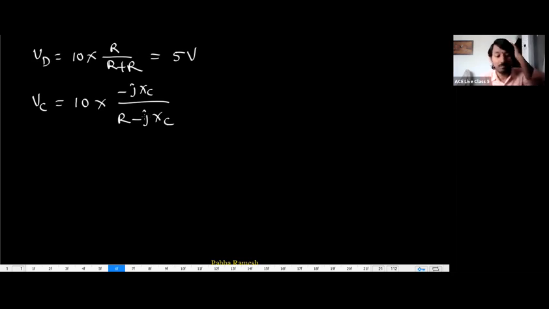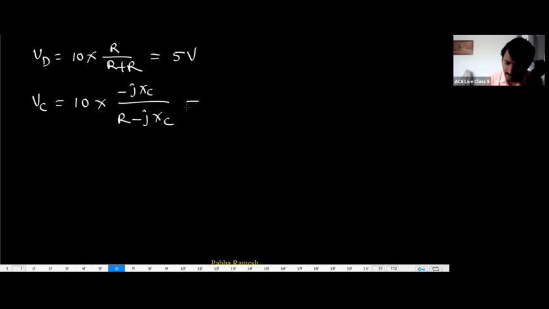That's why, before starting the AC bridges, I told you clearly, we need to concentrate on both magnitude as well as angle, right? So therefore, here we can write 10, right? This is taken as which value? Minus jXC, XC equal to 1. So simply you keep it as it is. What is its magnitude?